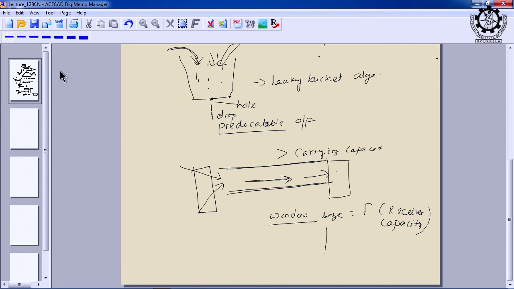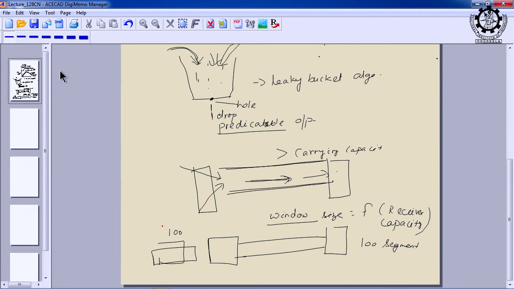Now imagine a situation where the receiver says that I can handle 100 packets or segments. So it is understood that the sender should fix the window size to 100. Agree? Now the sender and receiver part is okay, they understand that I can send 100 segments, and the receiver says that I can process 100 segments by putting them in a buffer and giving them to the receiver application.